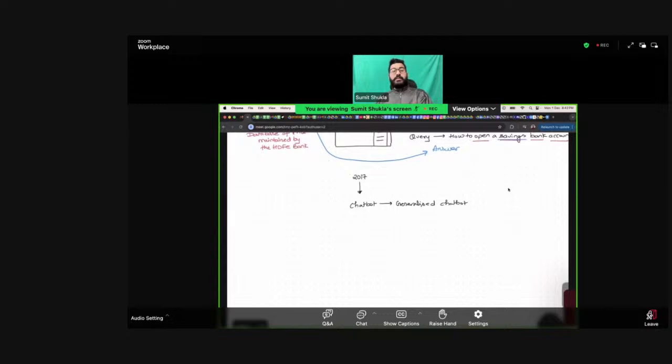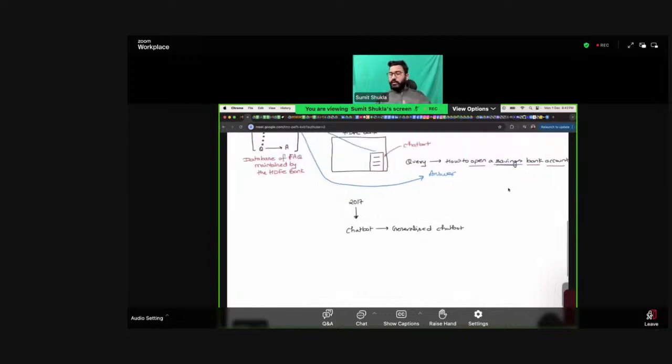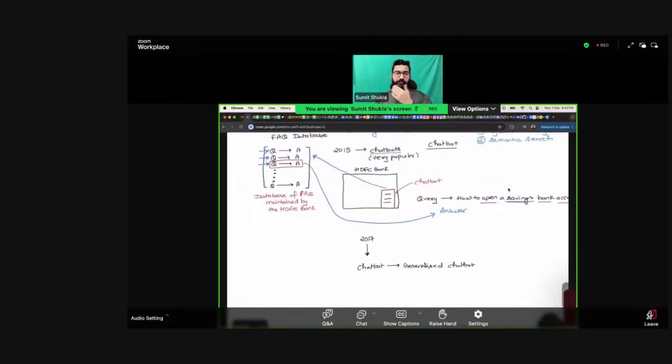Now, what is the meaning of generalized chatbot? As of now, this particular chatbot is limited to a domain and a limited set of knowledge base, right? I cannot use this chatbot to ask questions related to any other company or any other industry.